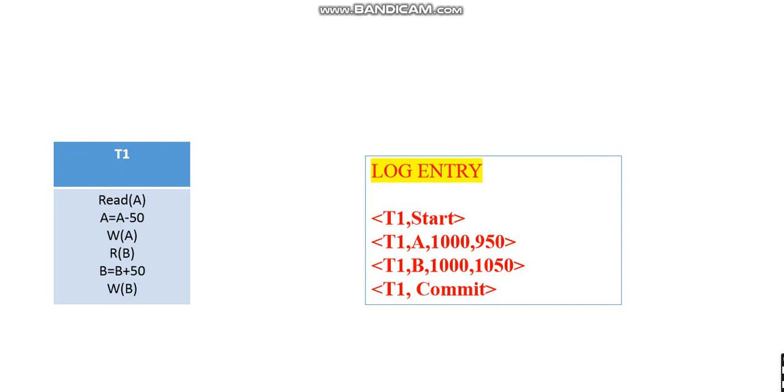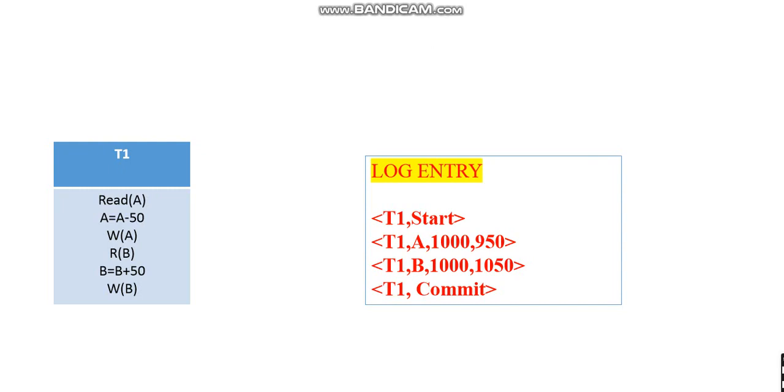Since transaction T1 is there, T1 started, so T1 comma start. Next, T1 comma A comma 1000 comma 950. T1 is performing a modification on the data item A. Its previous value is 1000 and modified value is 950, so 1000 is the old value and 950 is the new value.